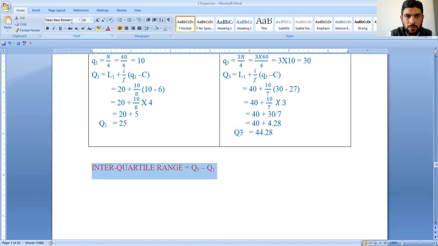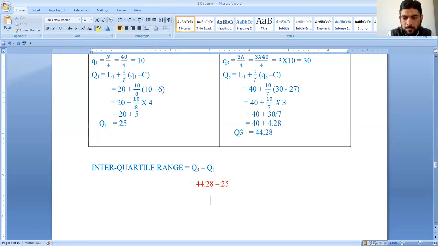Taking the values from here, Q3 is 44.28 minus 25.